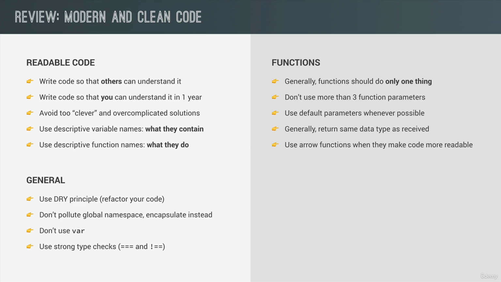So for example, if you receive 2 or 3 numbers as an input to a function, then probably you will want to return a number as well. So that then makes more sense for when you consume, so for when you use the function later. And again, this is a rule that you can of course break, but it's again good to keep this one in mind. Finally, you can and should use arrow functions whenever they make the code more readable, okay?